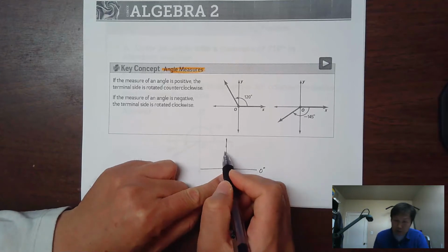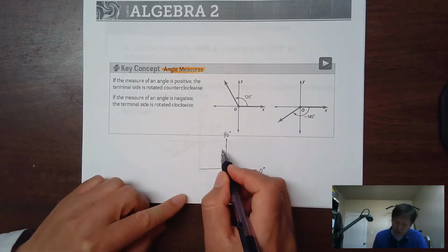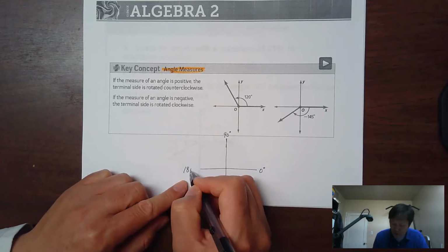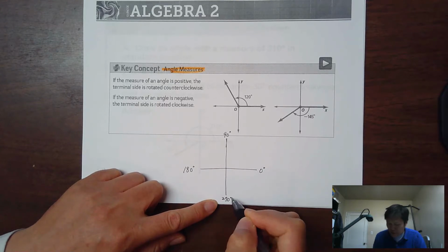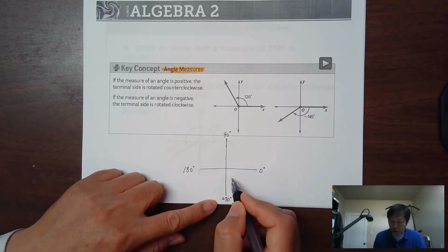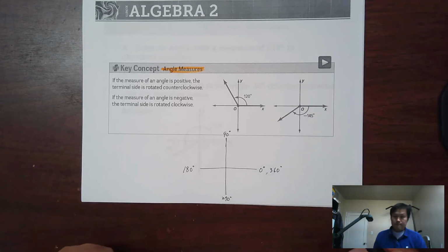If you go counterclockwise all the way up to here, it should be 90 degrees. If you keep going 90 more, that should be 180 degrees. If you keep going more, that should be 270 degrees, all the way up to here. If you go all around once, that will make 360 degrees.